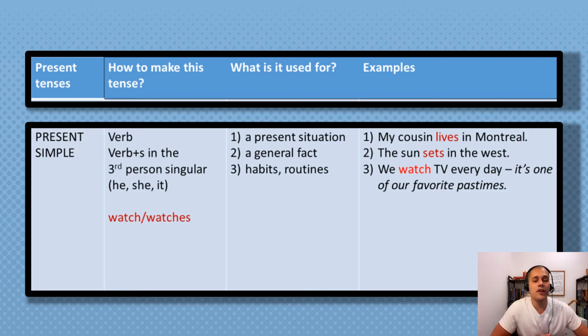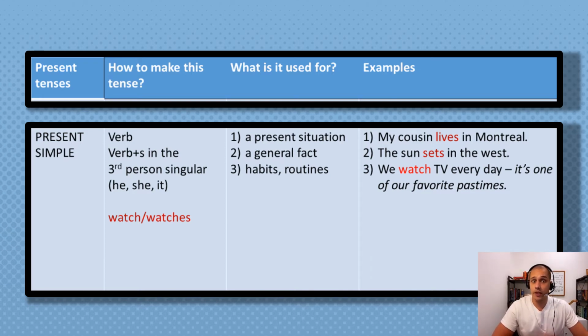And we're going to have this addition of S or ES or IES when you're talking about the third person. What is the third person? When we're talking about he, she, it. Remember that.